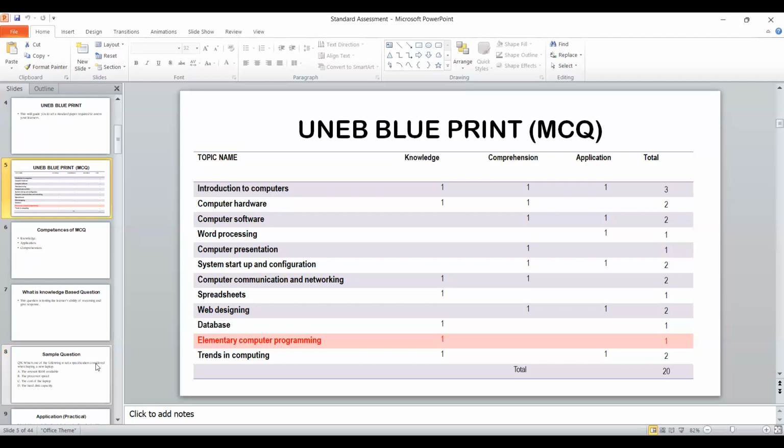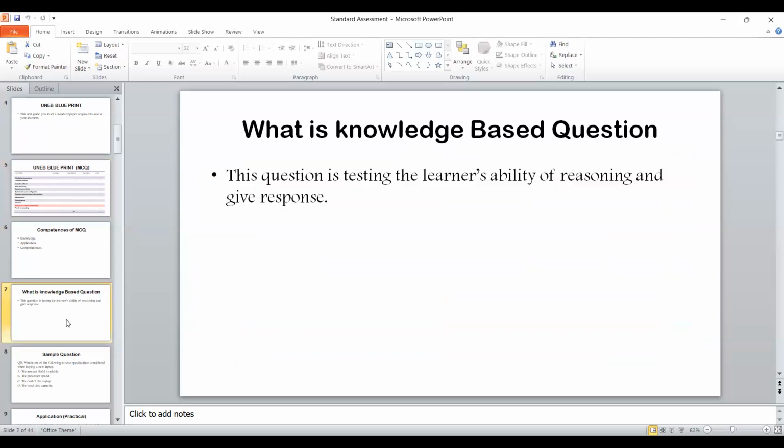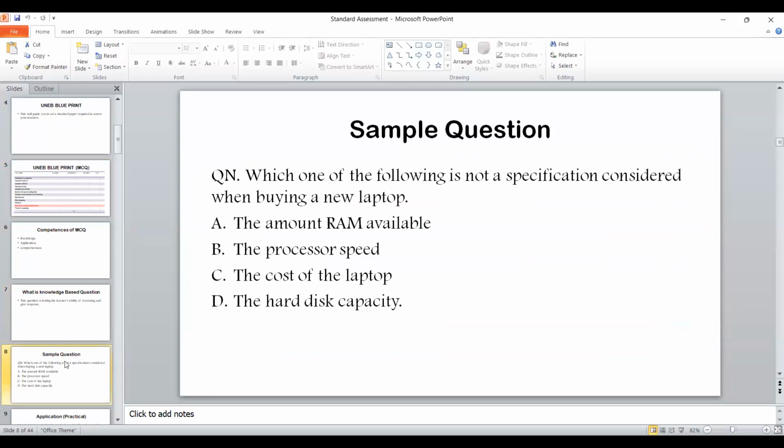Then when you go, a knowledge-based question is testing the learner's ability of reasoning and give a response. I have prepared one sample here. Which one of the following is not a specification considered when buying a new laptop?